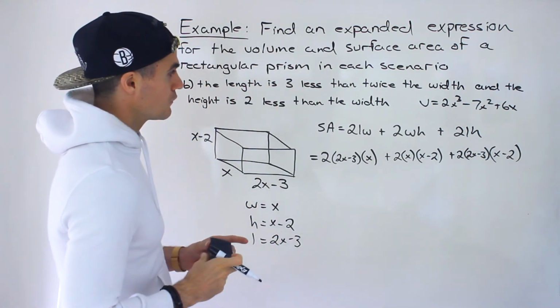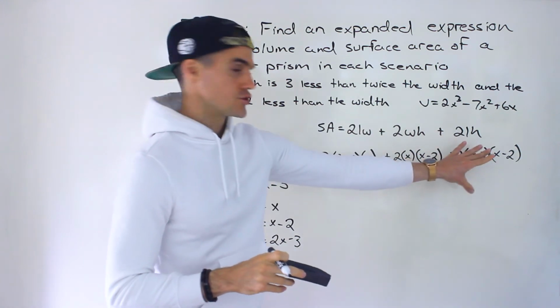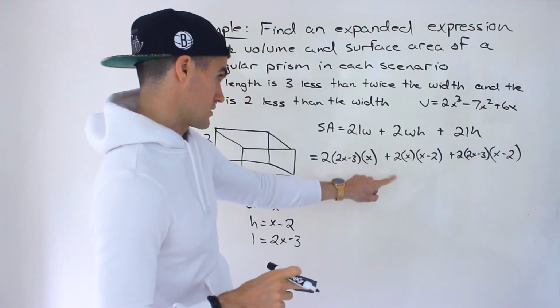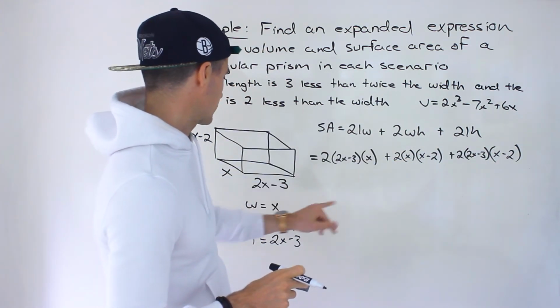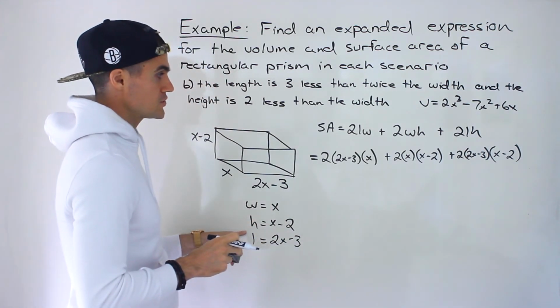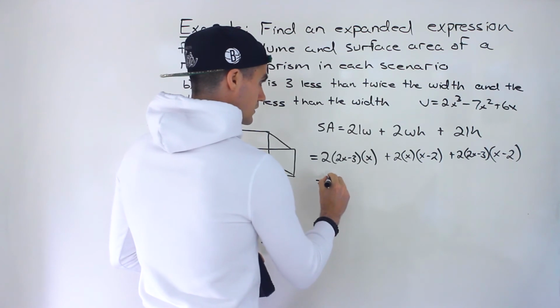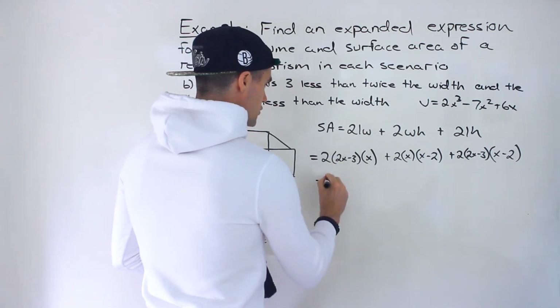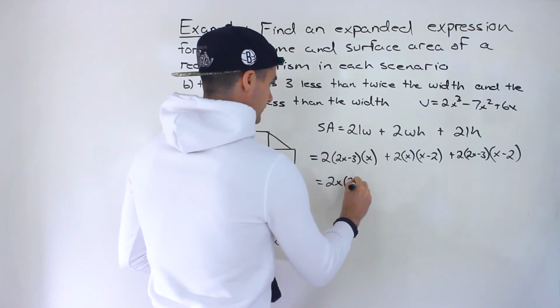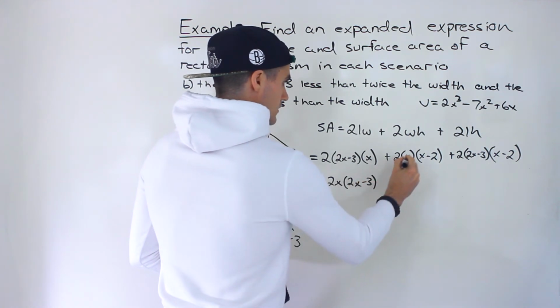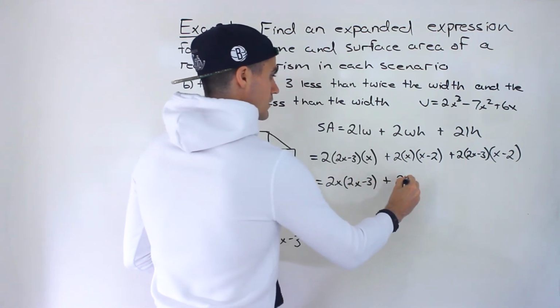Right, so just be careful with writing out the original expression over here. There's a lot of brackets and stuff, a lot of different expressions for these dimensions, but it looks all good to me. So let's make this look a little bit nicer. The 2 and the x I'm going to combine. Same thing here.